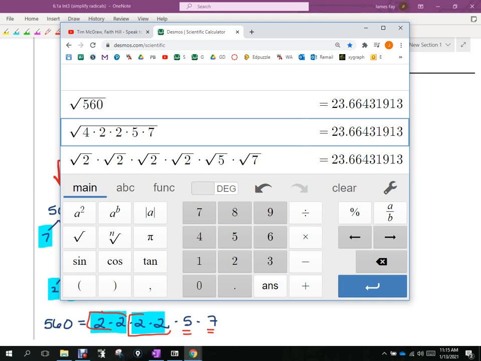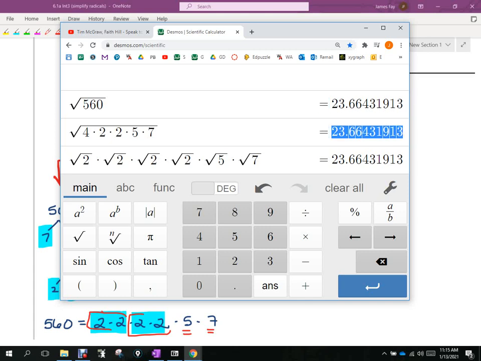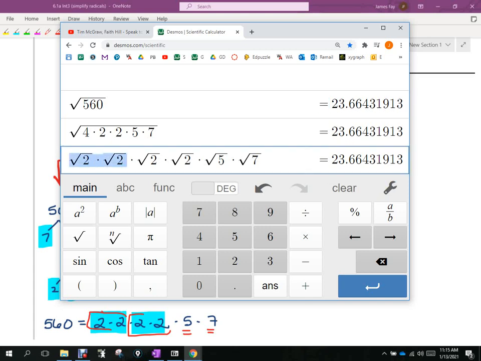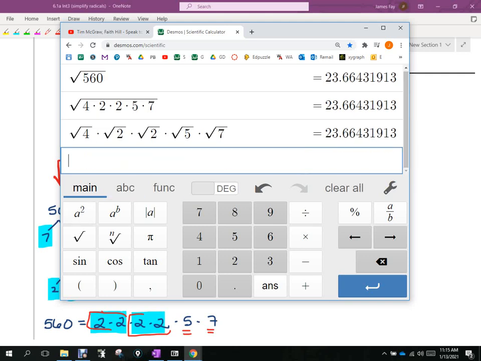Is that product, the square root of that product, still the same thing as radical 560? Okay, so down here, instead of those, it would have been that. Does that make sense? Okay, but what is the square root of 4? 2. So I could have it written this way.